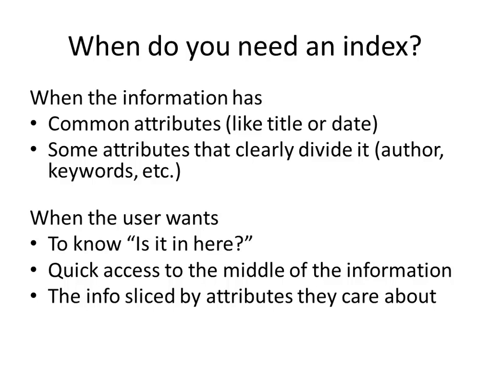Some attributes clearly divide the information, like the author. If I took all of these things and tried to organize them, I really can't organize them into categories and subcategories, but I could organize them by author, putting the ones with a name that starts with A first and the ones that start with B last. That would be a good way to organize these items.